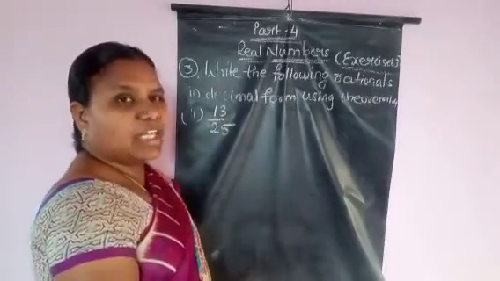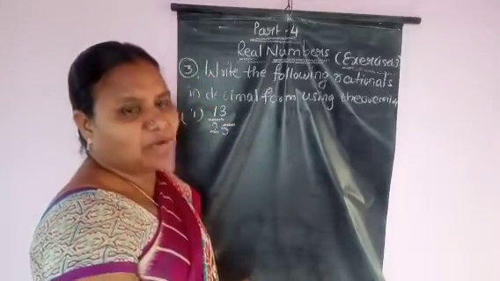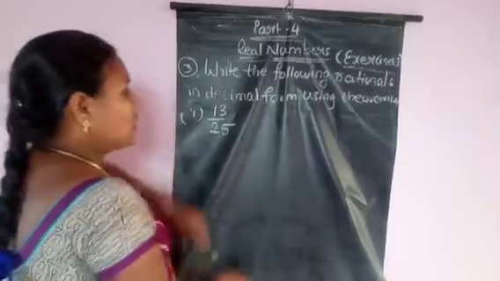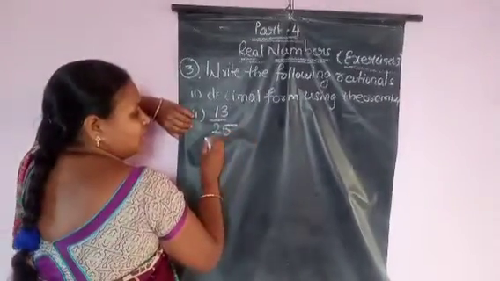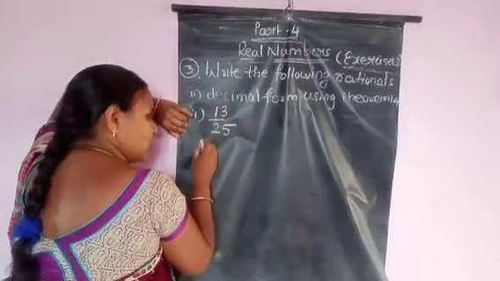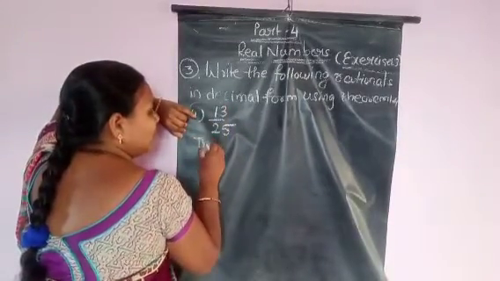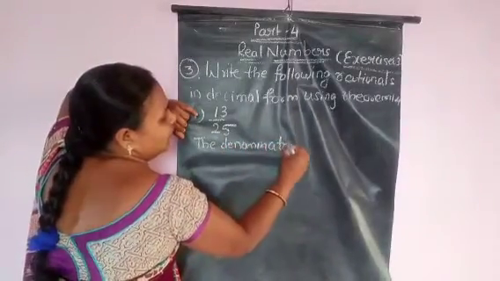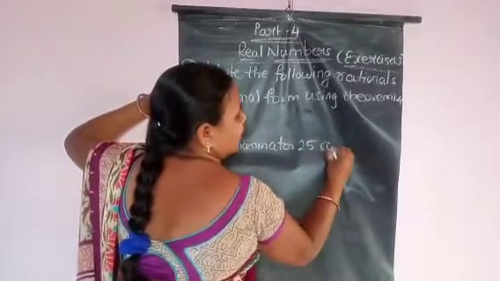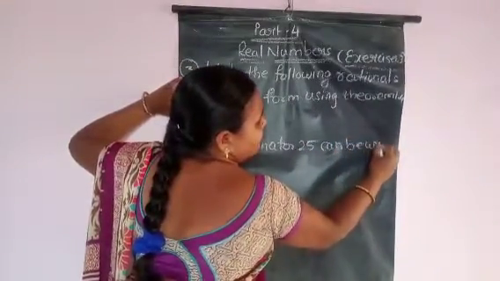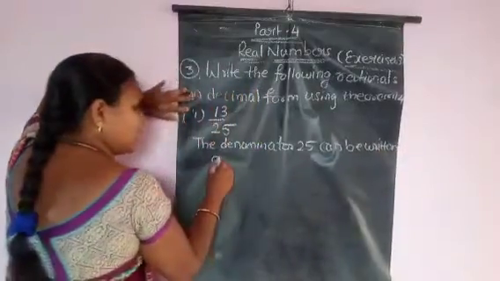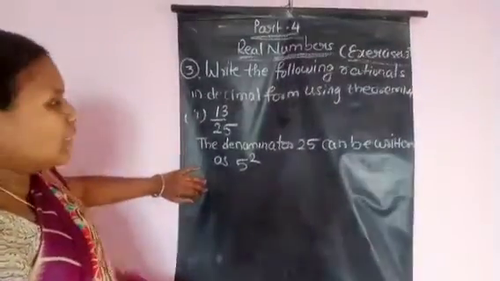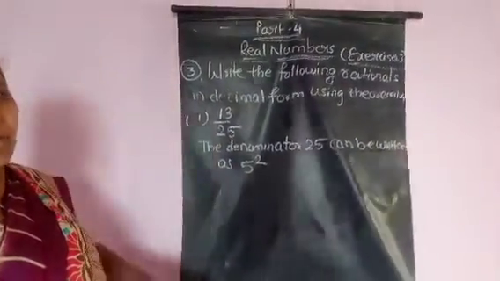To write the decimal form, we have to factorize the denominator. When this is of the form p by q, the denominator 25 can be written as 5 to the power of 2.